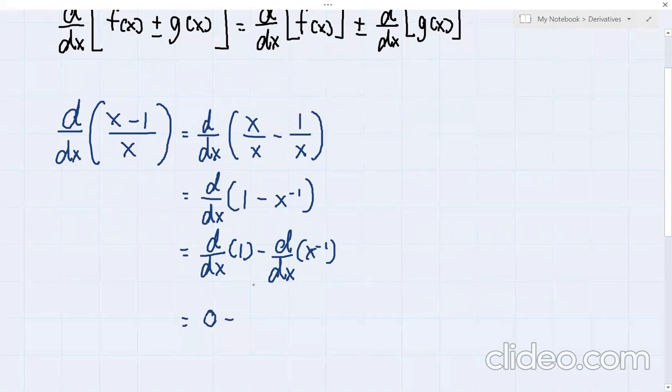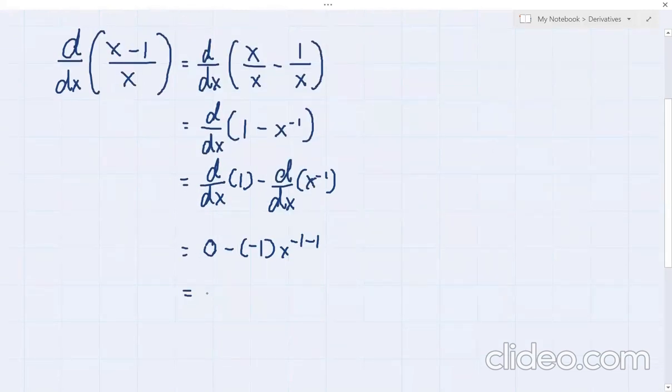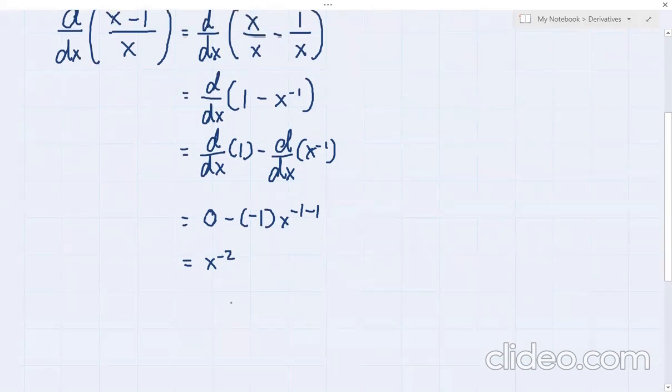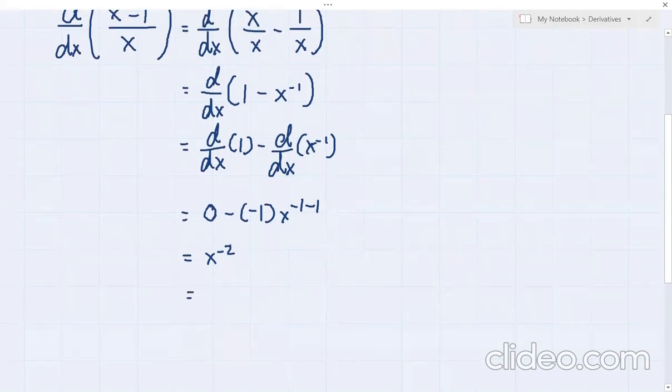We will use power rule of differentiation. So, we will have minus quantity 1 times x raised to 1 minus 1. So, we will have positive x raised to negative 2. Or, okay, kung ayaw mo ng negative na sign, gusto mo siyang palitan, i-reciprocate mo siya.